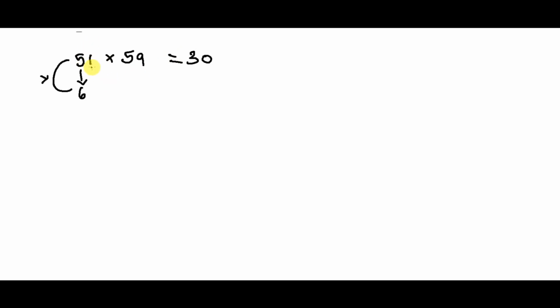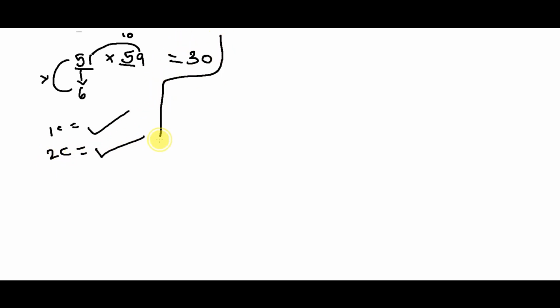As we can see here, 9 plus 1 equals 10, and this applies to the first condition. And here the other digits are the same, which are 5 and 5. This also applies to the second condition. And now let's continue with our equation, 51 into 59.